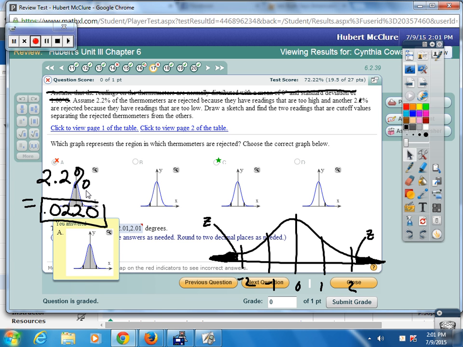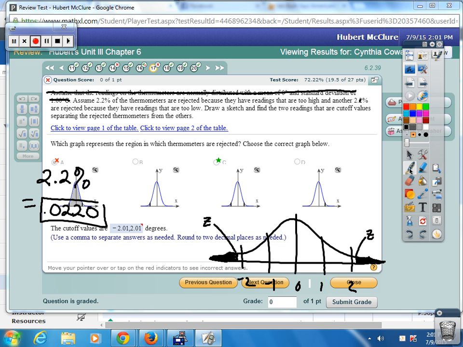Negative 2.01. So our z-score is negative 2.01. Now, since this is symmetrical to this, in other words, if those two percentages are the same, then all you do is the positive and the negative. If it's not, then you have to look up the other one also.